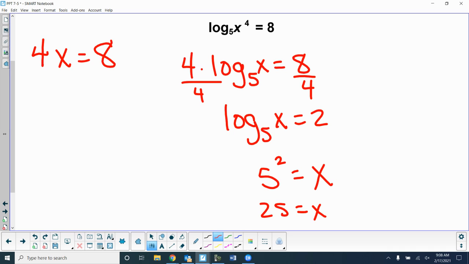Okay, so here's what we're going to do. When we have a log equation that we have to solve, and there's an exponent, we're going to move it out front, and then divide to get it just log of something, and then write it as your exponential.